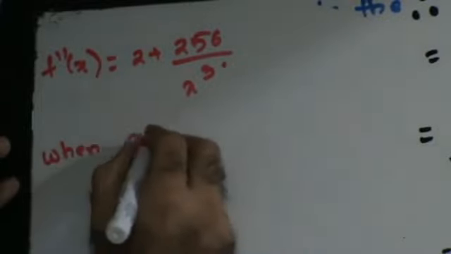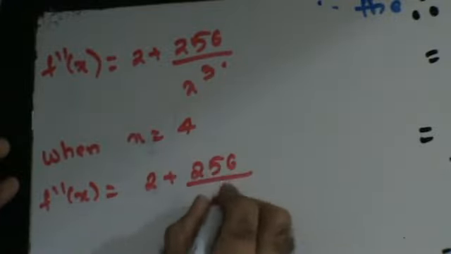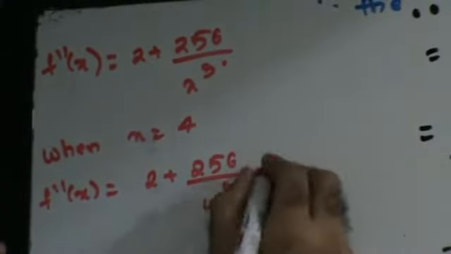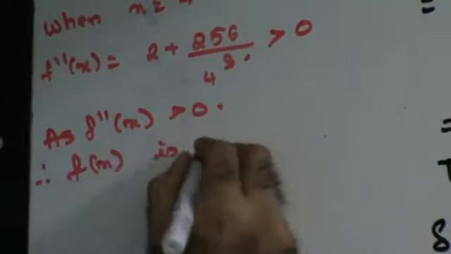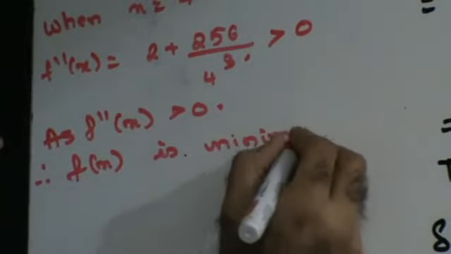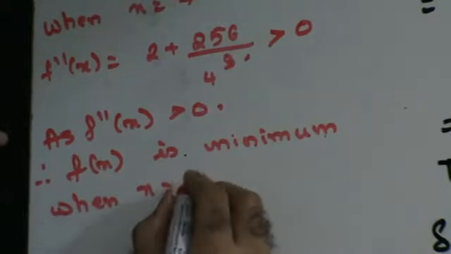Once I have this, I'll say when x is equal to 4, f double bar of x will be 2 plus 256 upon 4 cube. Since there is no negative term involved here, this answer will obviously be greater than 0. So you will say as f double bar of x is greater than 0, therefore f of x is minimum when x is equal to 4.